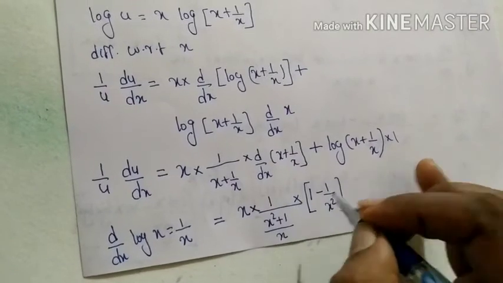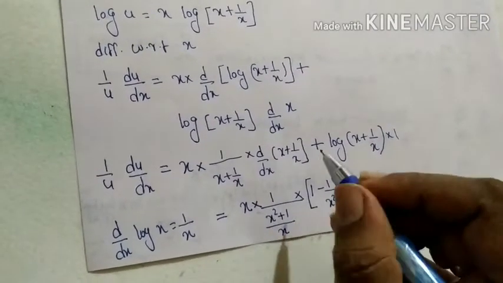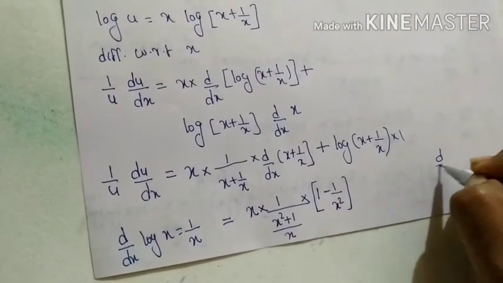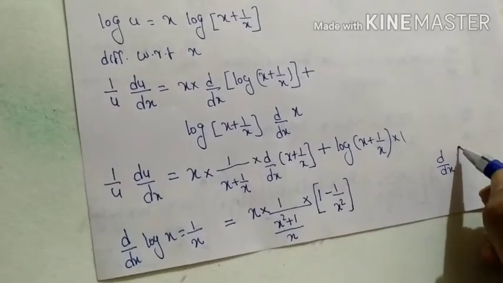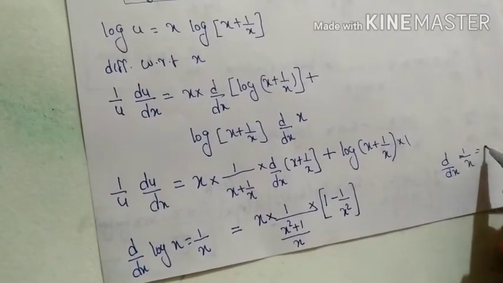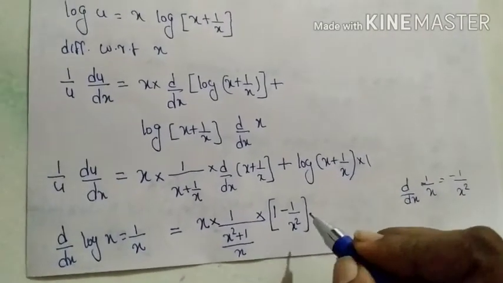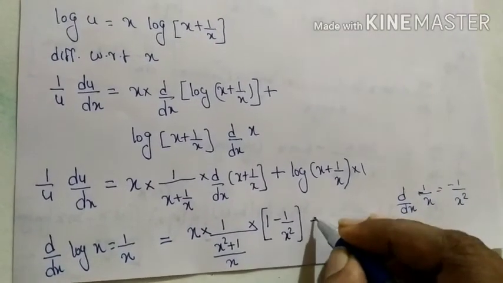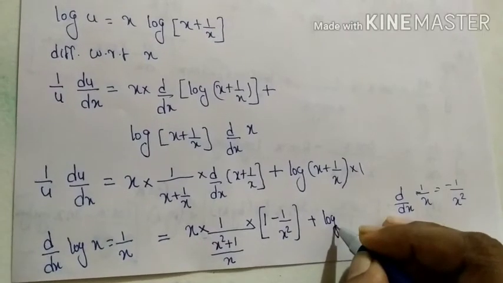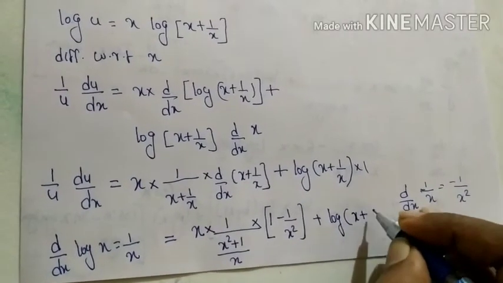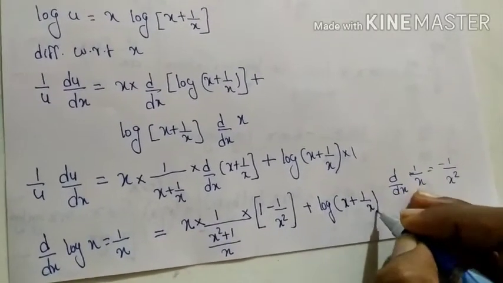So we need to learn it by heart: the derivative of 1 by x is minus 1 by x square. Okay. Plus log of (x plus 1 by x).